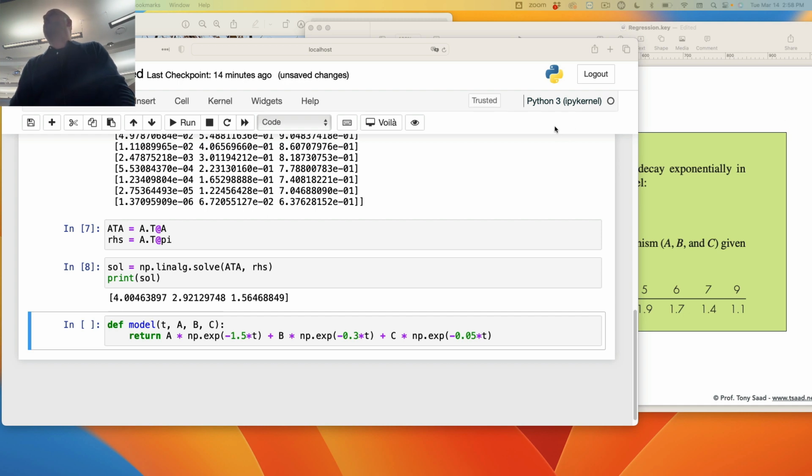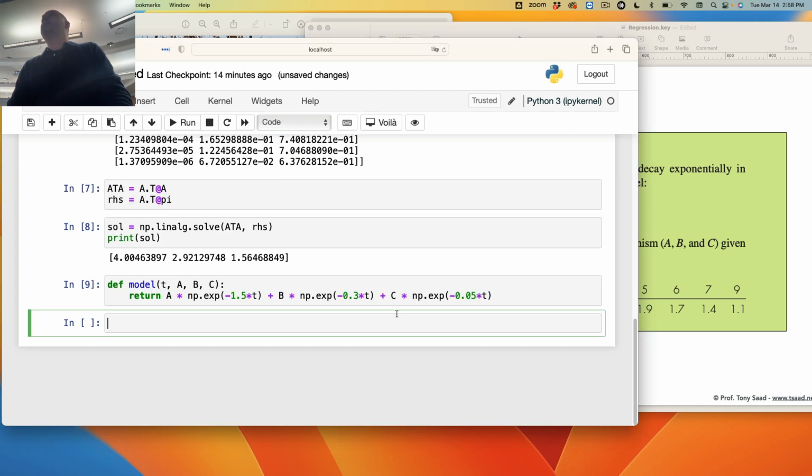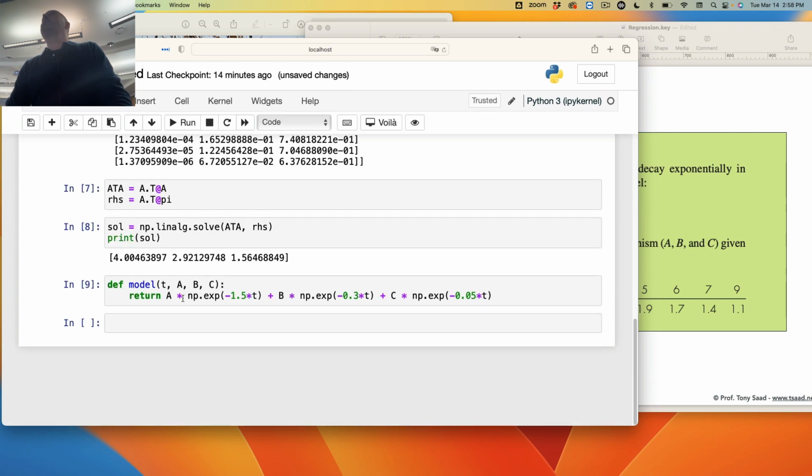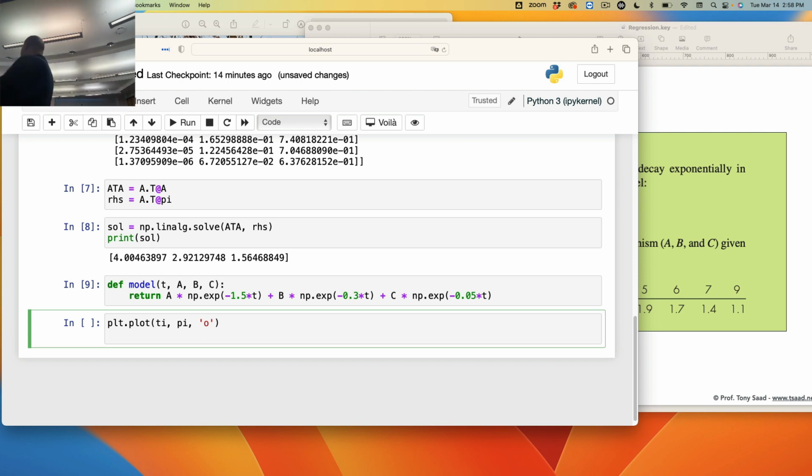So now to plot this model on top of the original data, I'm going to copy this guy here. Okay. And then I'm going to create a linspace of a lot of data points so that I have a nice smooth plot for my model.